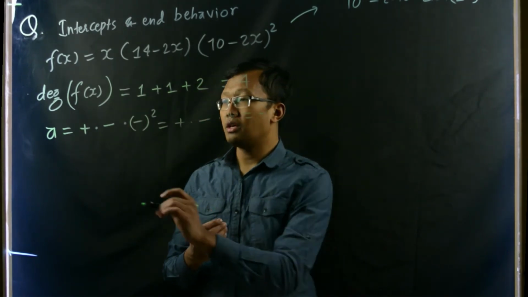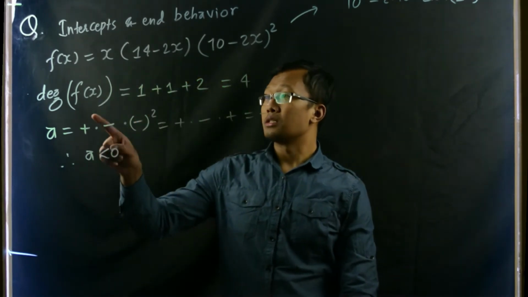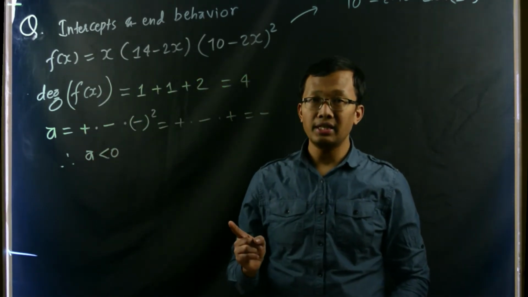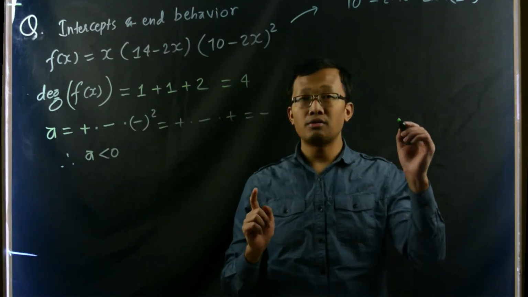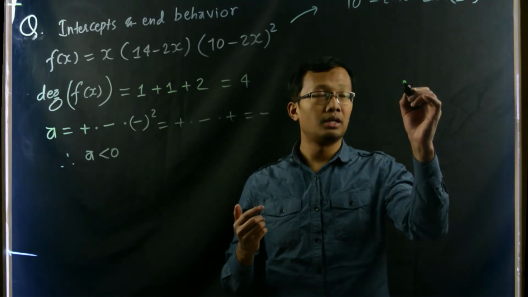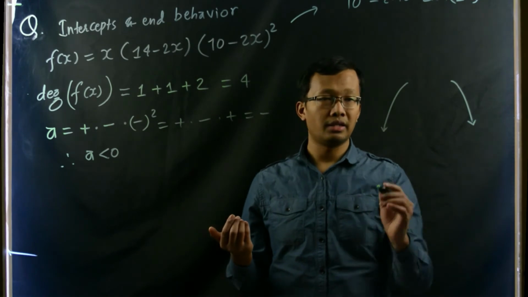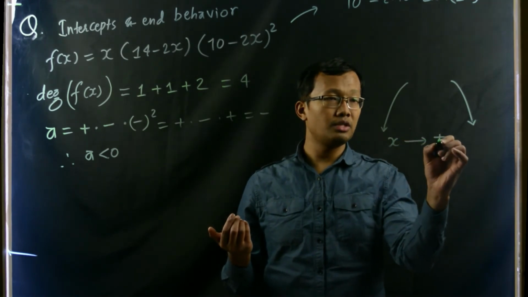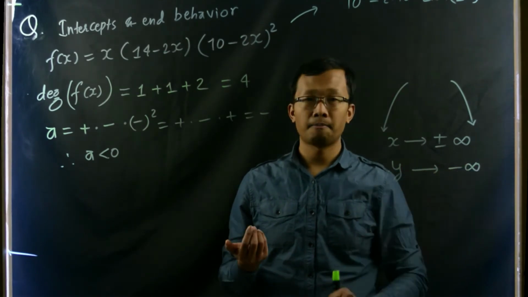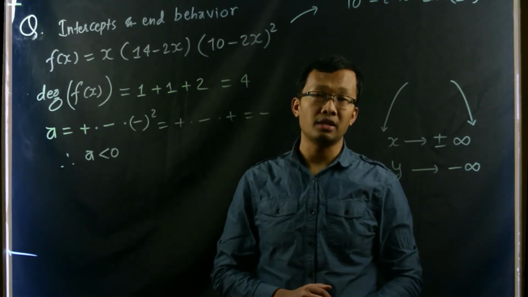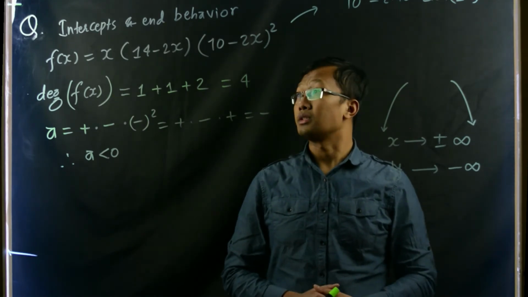Therefore we can say that a is less than 0. Since the polynomial is of even degree and the leading coefficient is negative, the end behavior is that as x goes to either positive infinity or negative infinity, y goes to negative infinity. So that's the end behavior of the function.